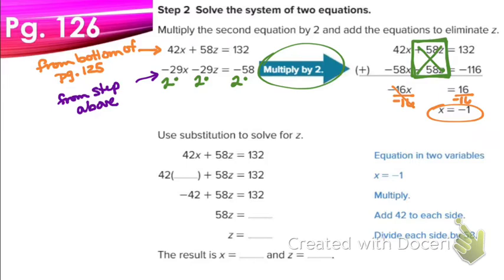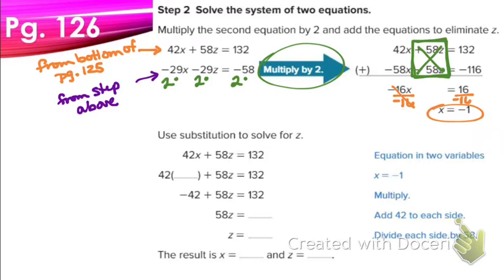Once I know that x is negative 1, I want to stick with just these two equations that have x and z in them. I'm going to pick one of those two equations, and I'm going to sub x back into it. Your book chose the top equation. Would we get a different answer if we went with the bottom one?